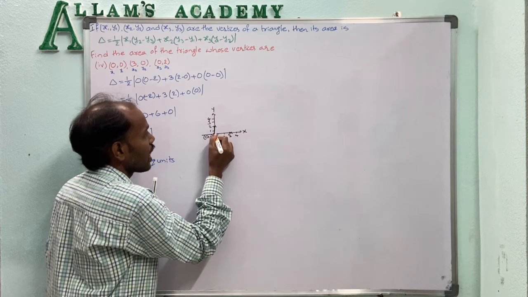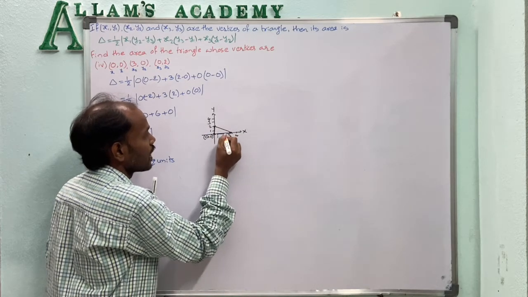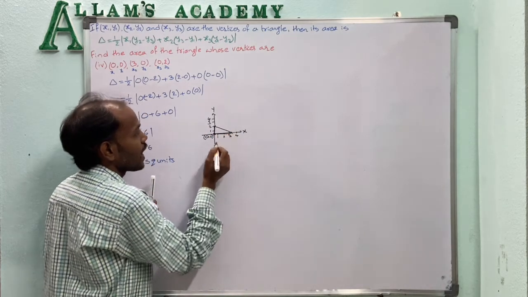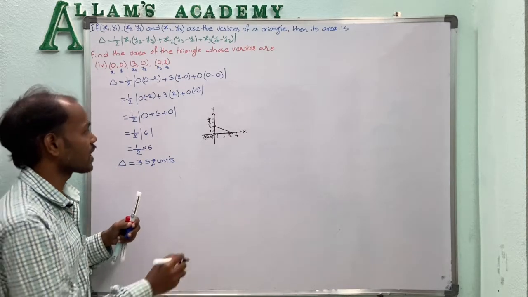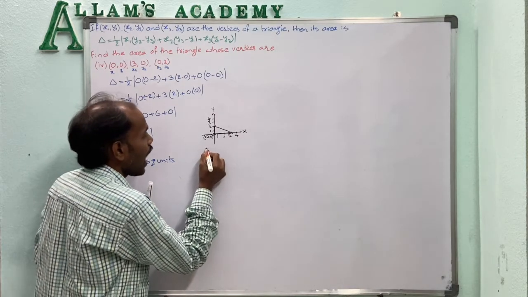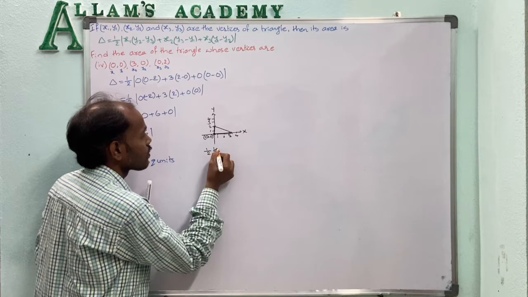Now if we draw the triangle, we get a right triangle. The area of a triangle is half base into height.